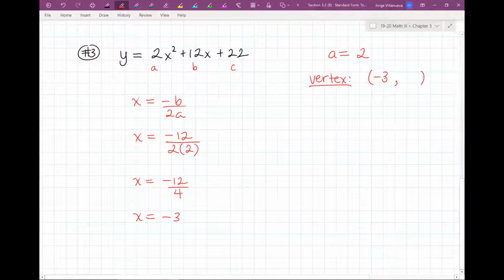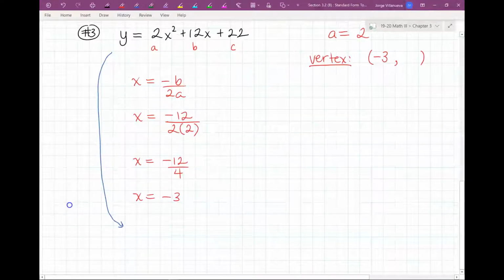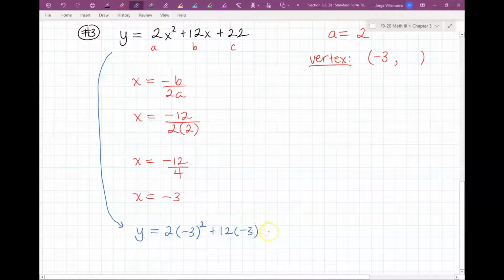Are we okay so far? All right. So let's now find the y value. To find the y, I'm going to get that big equation up there and plug in a negative 3 for the x value. So 2 times negative 3 squared, 12 times negative 3, plus 22. Again, this is the step that takes a long time.